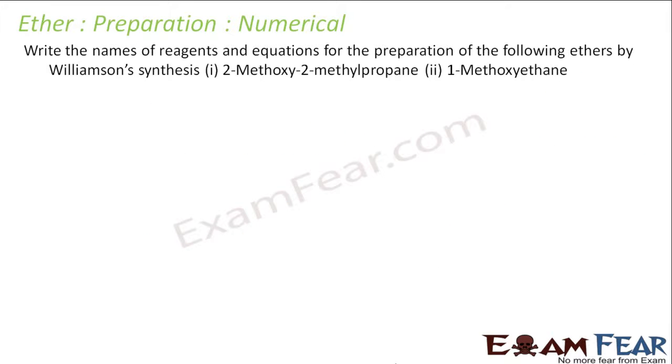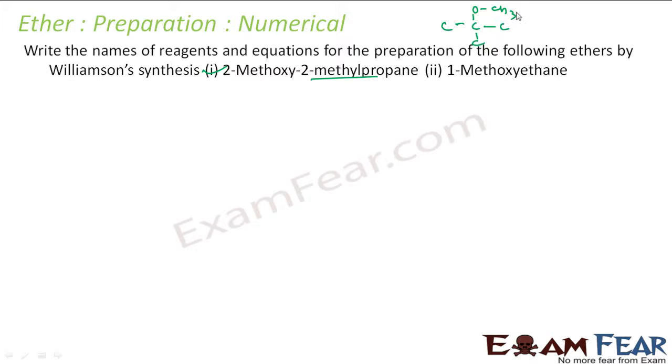Again, let's take some more examples. We have to form, again using Williamson synthesis, 2-methoxy-2-methylpropane. So first let me have propane, and at the 2 position I have a methyl, 2-methylpropane, and at the 2 position I have a methoxy, OCH3.